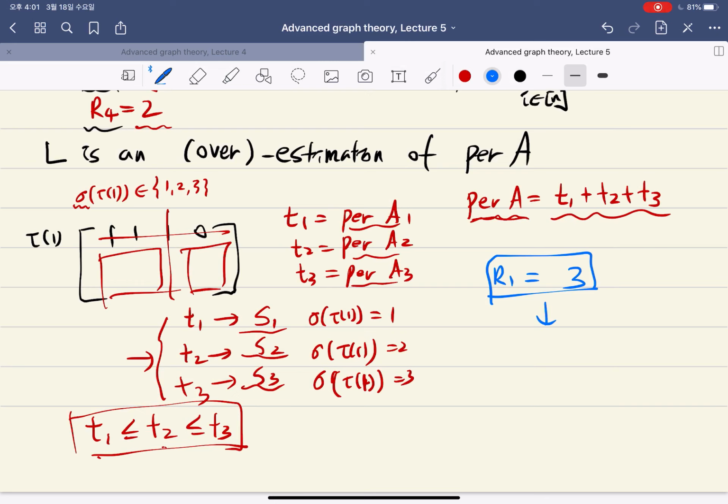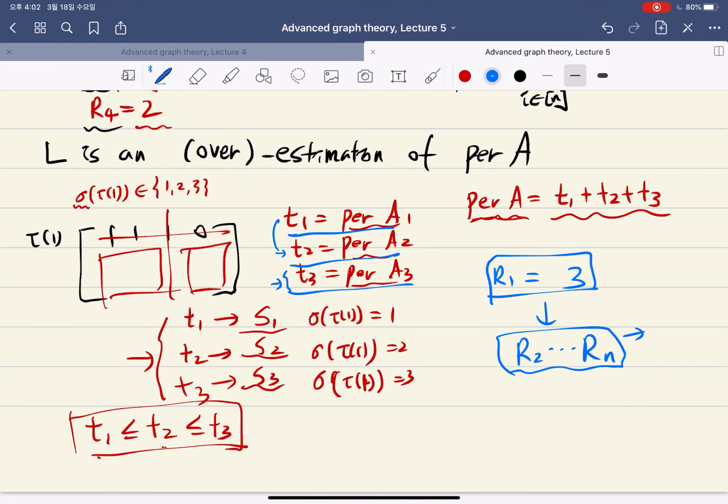And the remaining permanent could be one of these 3, but it's more likely that the third possibility is more probable than the other 2. And then the second one is more probable than the first one. So the remaining computation tends to give some number which is an estimation of the permanent of the remaining matrix.